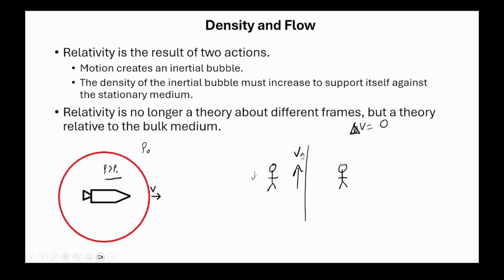medium. And so they're going to have their own inertial bubble, and this is going to be an increased density here. And so delta V equals 0, we do get time dilation, whereas if this person was moving with the frame, delta V would be equal to Vm.